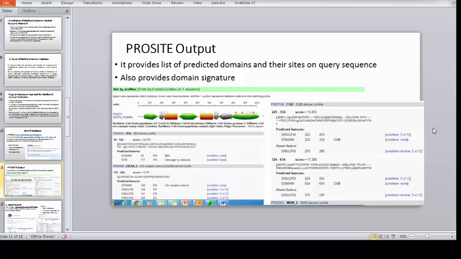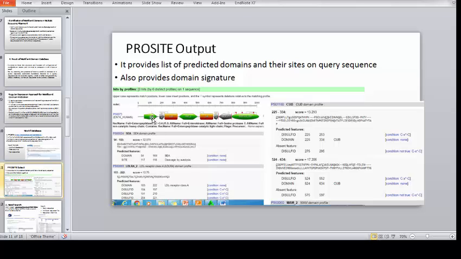And this is the output of PROSITE. The output gives us the names of the domains. For example, this is our query sequence, and it consists of multiple motifs.